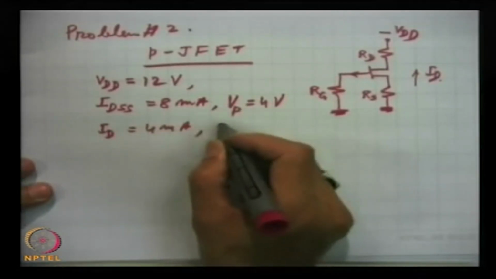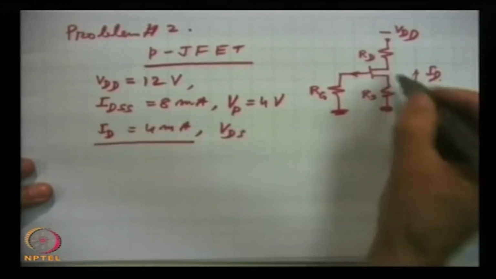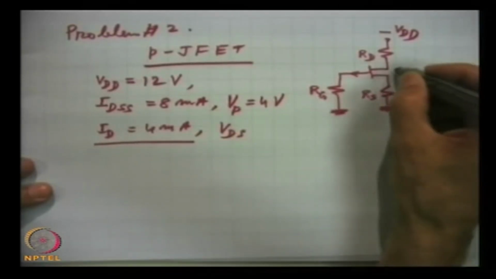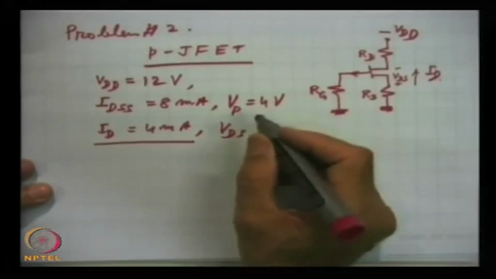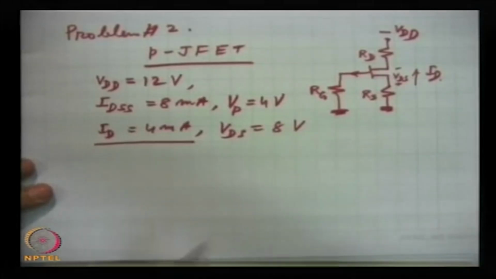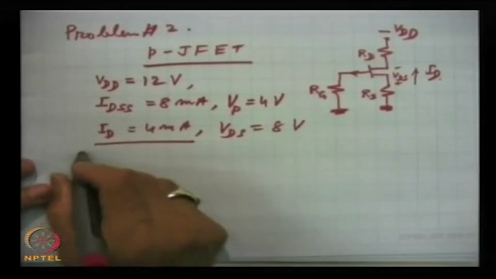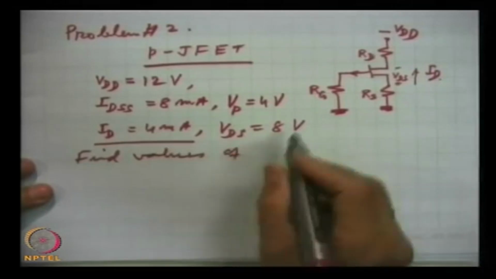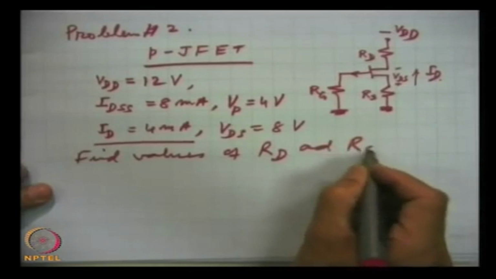When the 4 milliampere current flows, VDS, this voltage here, is equal to 8 volts. We have to find the values of resistors RD and RS.